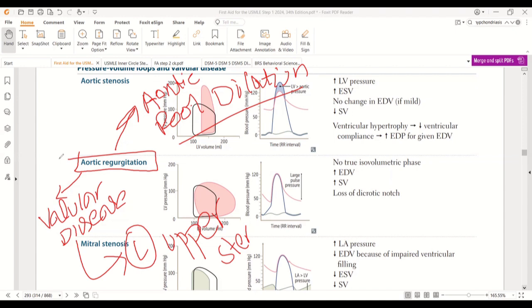Valvular causes are endocarditis and rheumatic fever. If you have the features of rheumatic fever in the scenario, you expect to hear the murmur at the left upper sternal border, and when they give you aortic root dilation, then it will be the right upper sternal border.